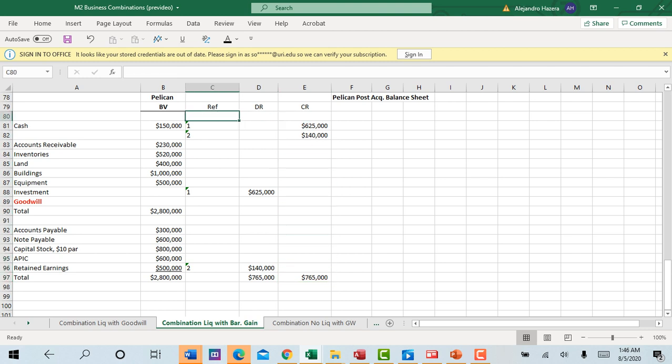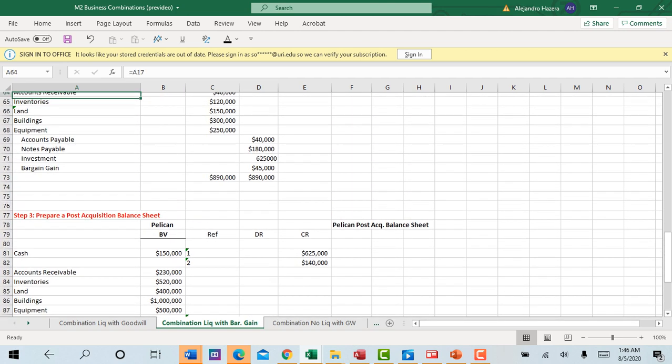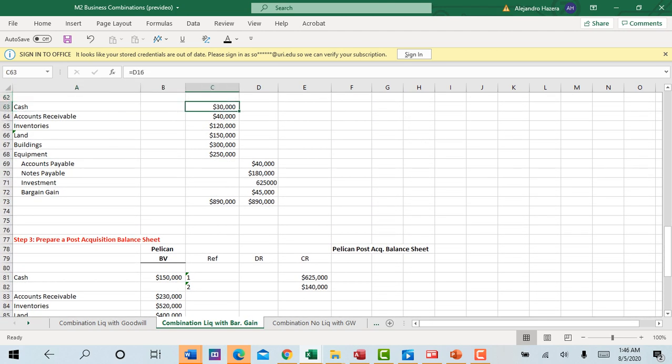Okay, the rest of these are entry 3. Now entry 3 is going to be to almost every one of these accounts because we're writing assets off. Okay, so I'm just going to say here 3, 1, and I'm saying that we're bringing over $30,000 in cash. Now, in real life, companies don't bring over cash; they just reduce the purchase price. They do it net of cash. But I'm just leaving that point out here.